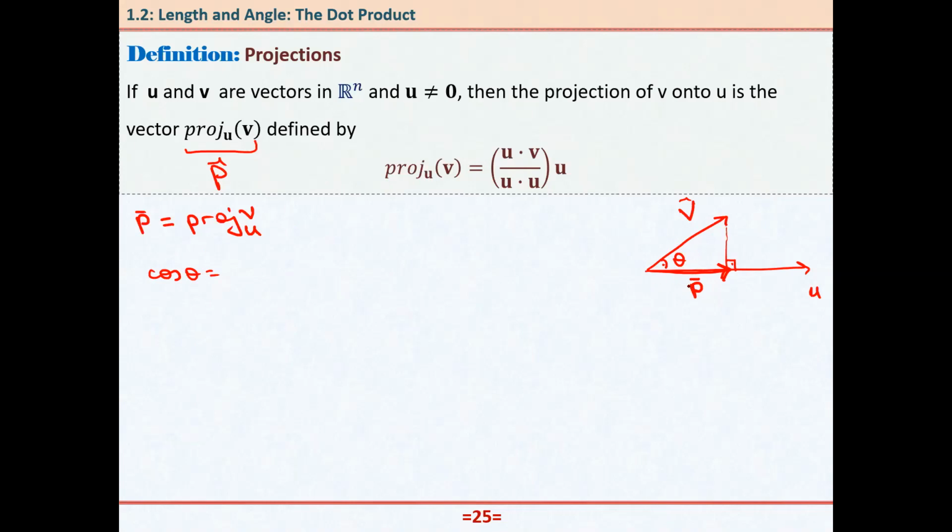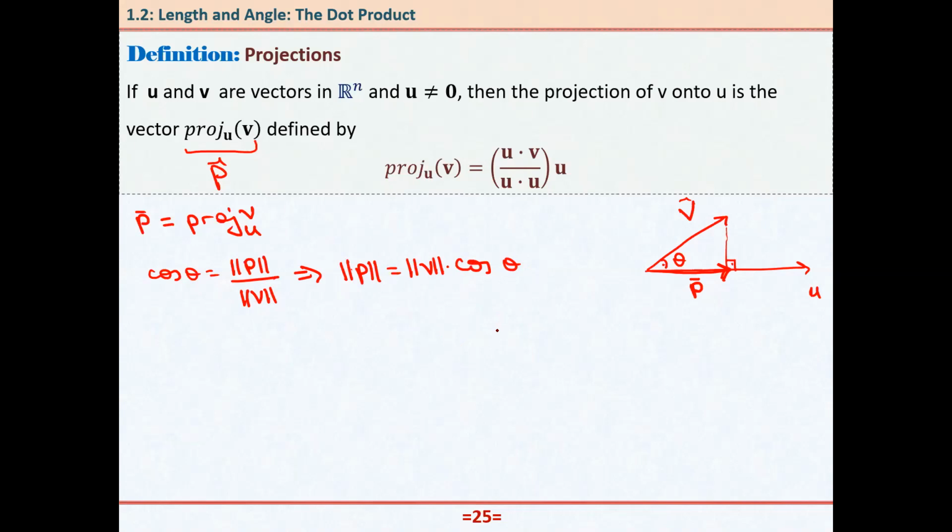Here, don't confuse the vectors: when we take the ratio, we need to take the length. So we have the norm of P over the norm of V. Now if you multiply both sides by the norm of V, we get the norm of P equal to the norm of V times cosine of theta, right? Okay, that is how we get this.